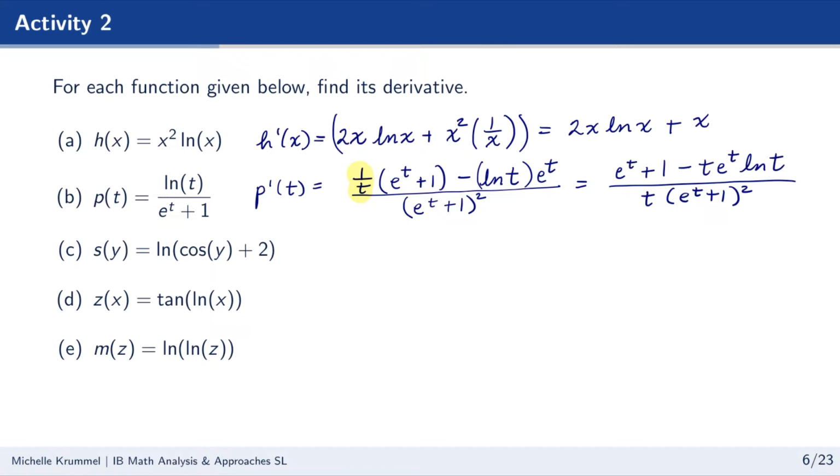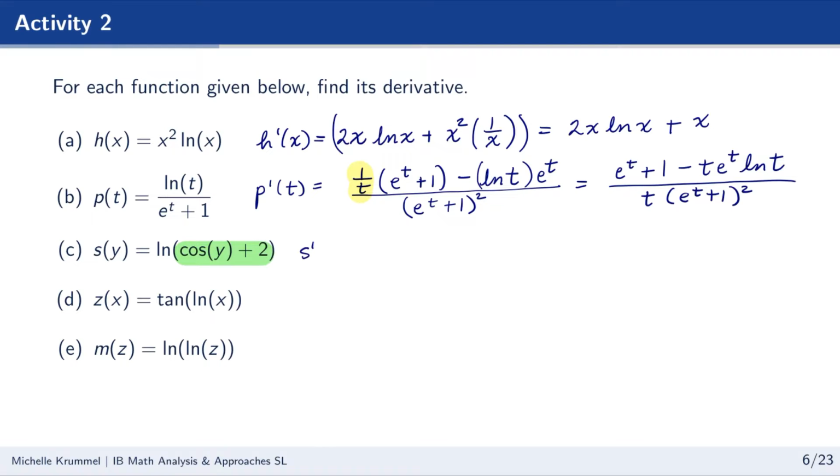Part C, s of y equals the natural log of cosine y plus 2. So we'll use our ln rule, and we will also use our chain rule and our sine cosine rule. We're going to start this one with chain rule. This is our inner function here. So we have the natural log of stuff, where the cosine of y plus 2 is the stuff.